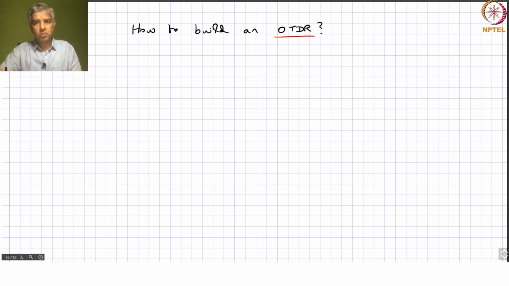To build that OTDR, let us make things a little easier for ourselves. Let us look at a case where instead of sending light in free space, you do this in an optical fiber. Why?